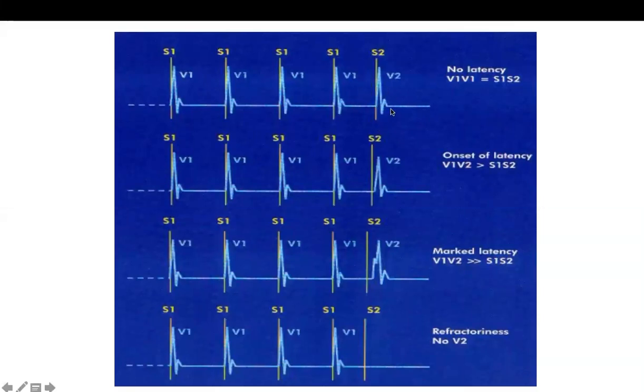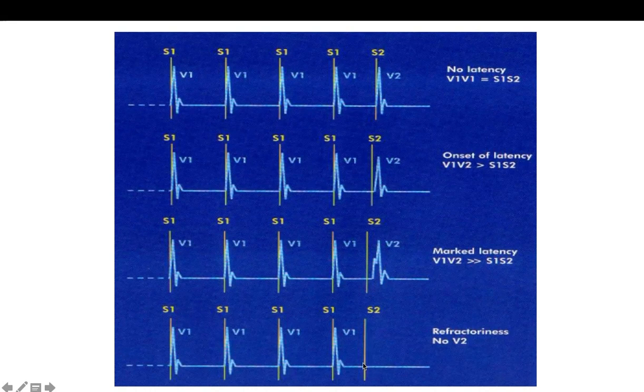Here we are pacing in the ventricle. So the ventricle is immediately depolarized after the last stimulus. Then the ventricle takes a little more time to be stimulated. So there is a duration between the stimulus and the activity of the chamber that we are stimulating.